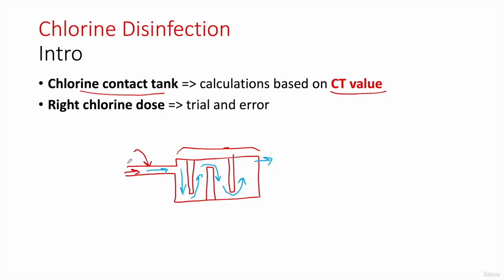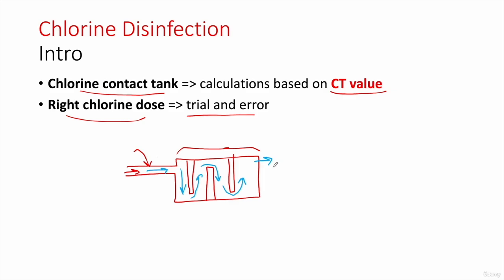And concerning the right chlorine dose, we have already said that it comes through trial and error. We add a certain chlorine dose at the beginning, and of course we monitor this dose.